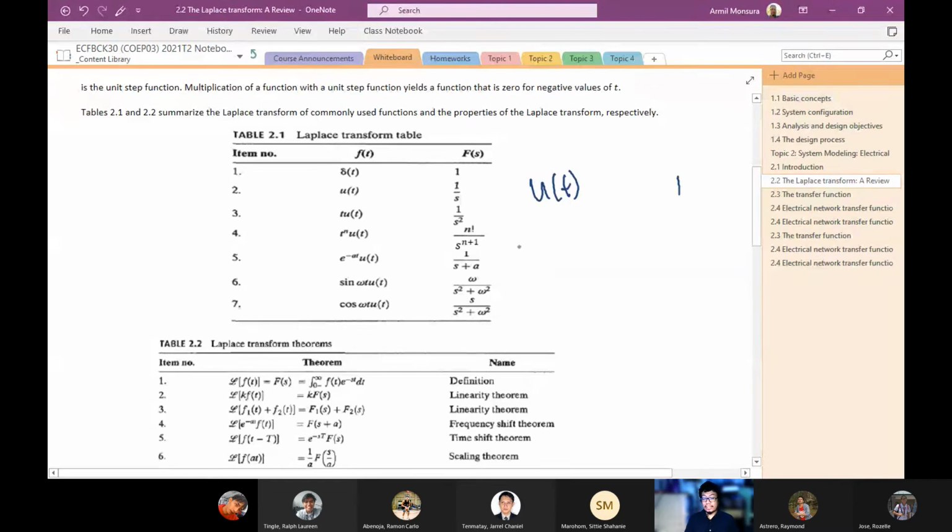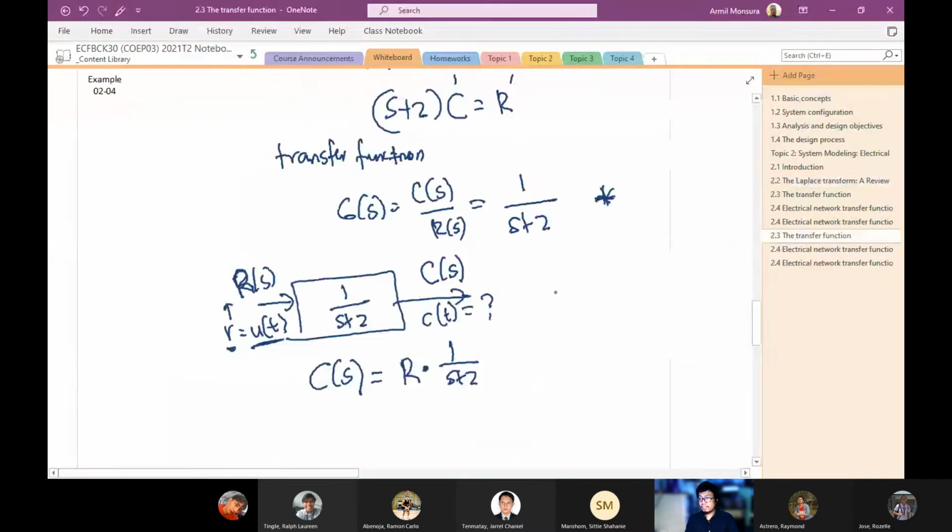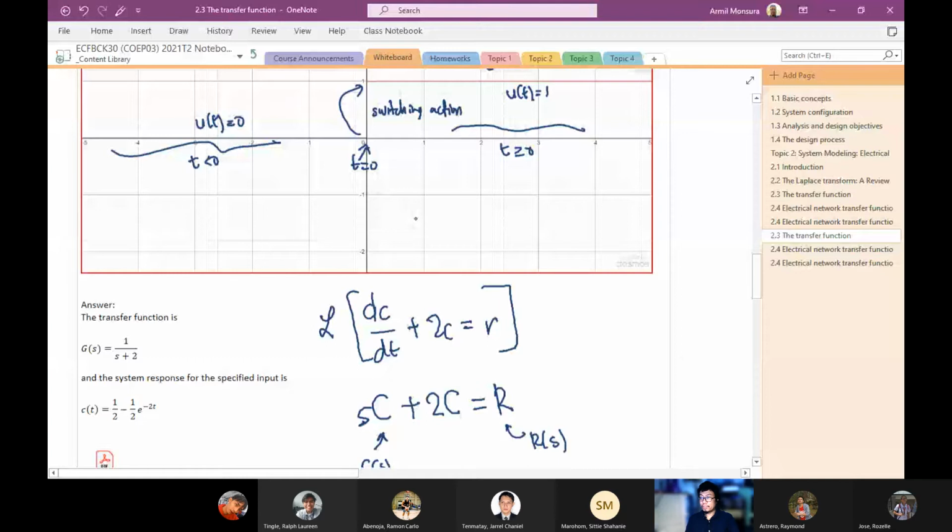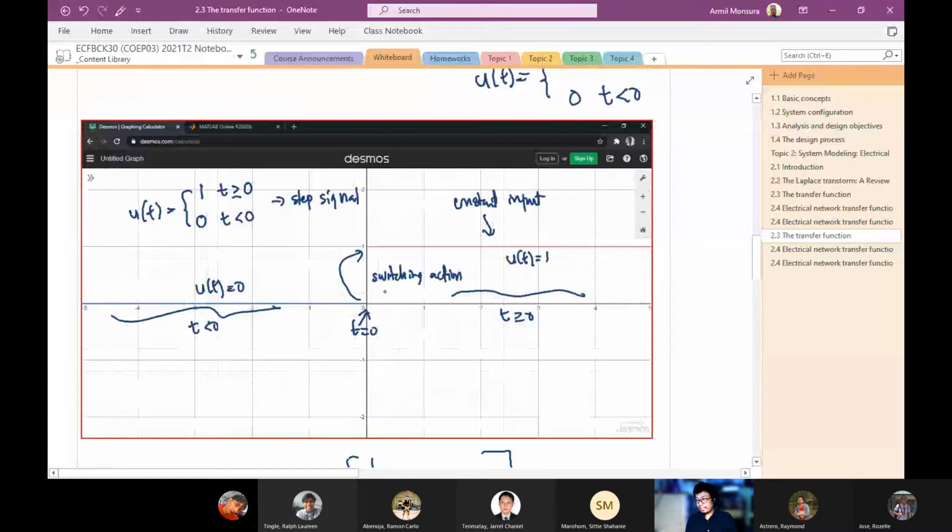The reason is our assumption that our systems are right-sided. That is, all of their action takes place after t = 0. So all the signals we analyze are on the right side of our graph, after t = 0. If we only look at the right side, essentially u(t) equals 1.